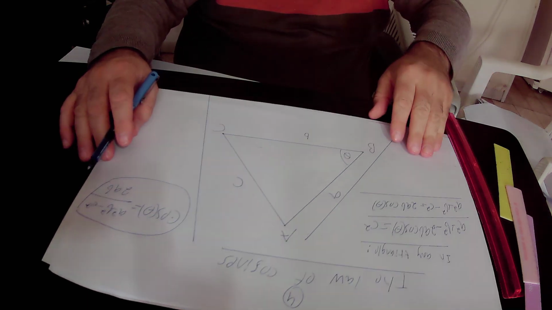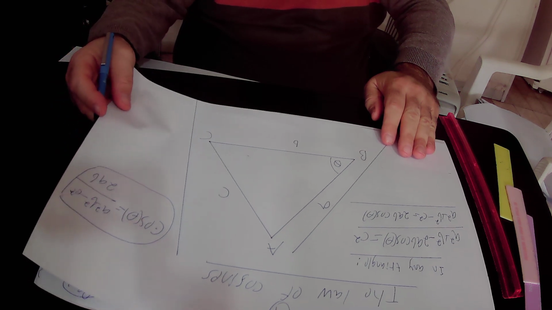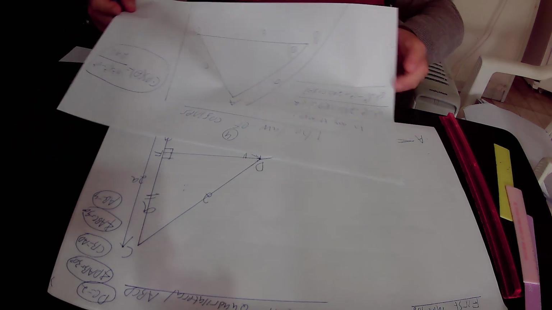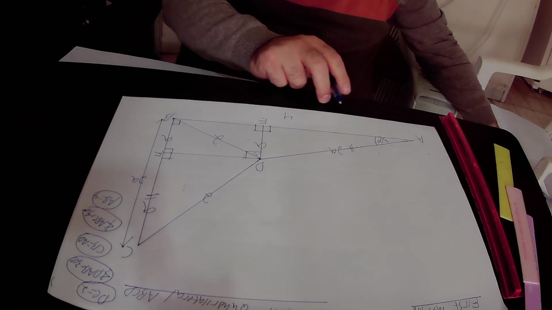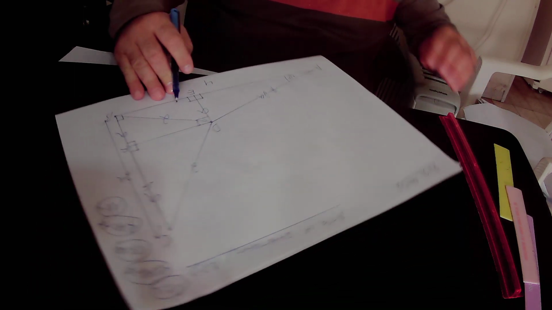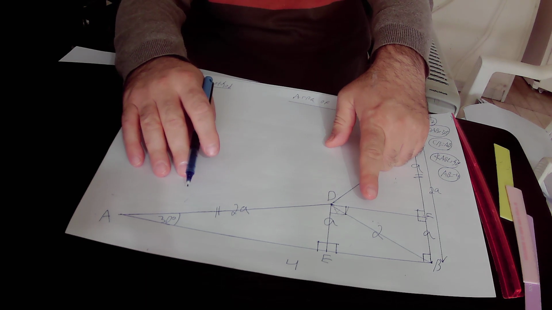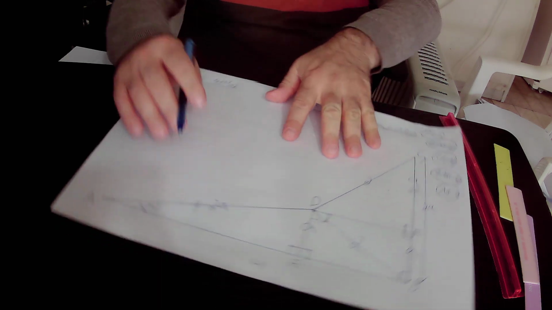So we actually can implement the law of cosines in our triangle ADB, this triangle ADB. So I will copy triangle ADB in a new page, and we will implement the law of cosines on this triangle.